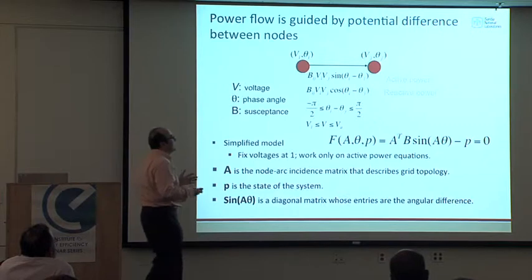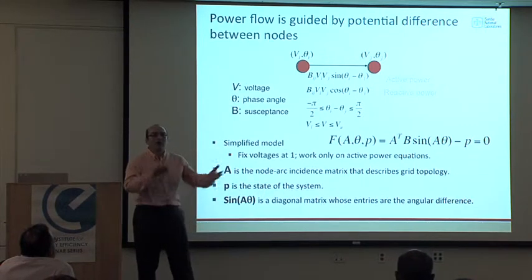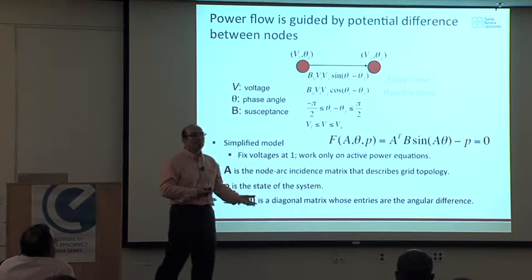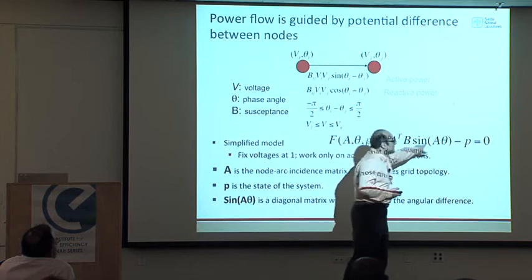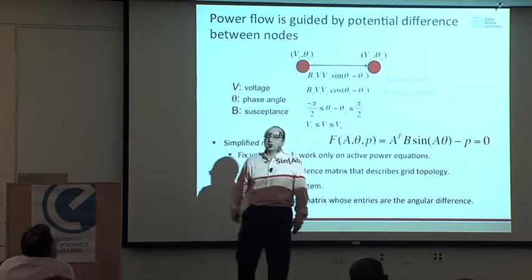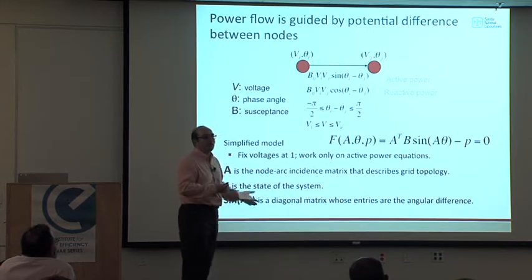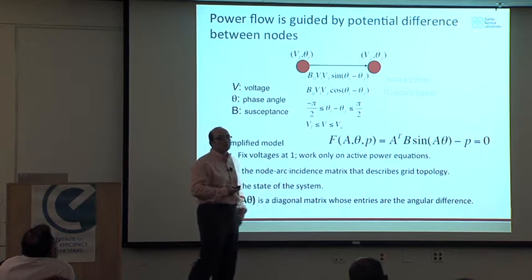And then we want the conservation of flow: the flow into a node should be the flow out of the node, plus or minus whatever you're generating or consuming at that node. That's why we write these equations here. A here describes my grid. It's a node-arc incidence matrix. These are the equations for conservation of flow.